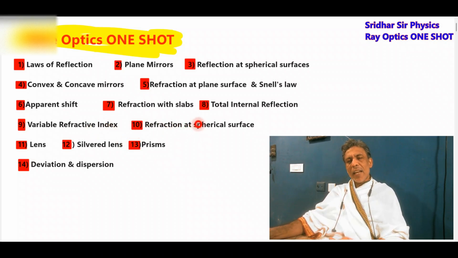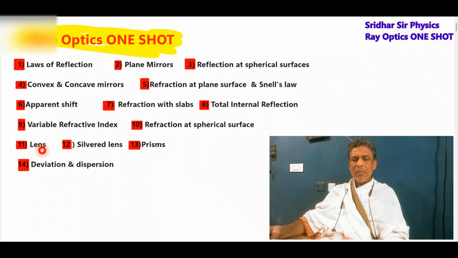Then we'll take refraction at a spherical surface, the magnification formula, and how to get the position of the image. If a beam of light passes through a sphere, how to trace the image. Then next we'll go for the lens maker formula, magnification, combination of lenses. Afterwards we'll take cutting of lenses, silvered lenses, combination of lenses.